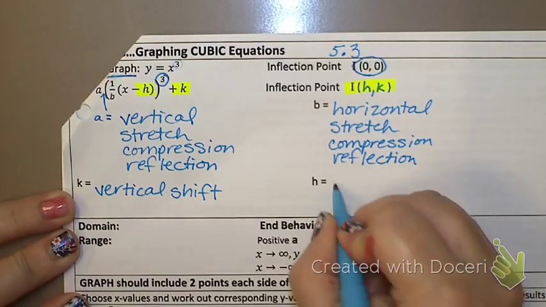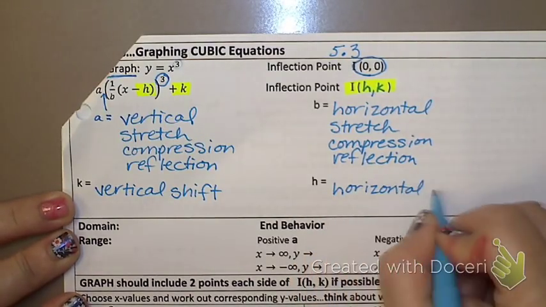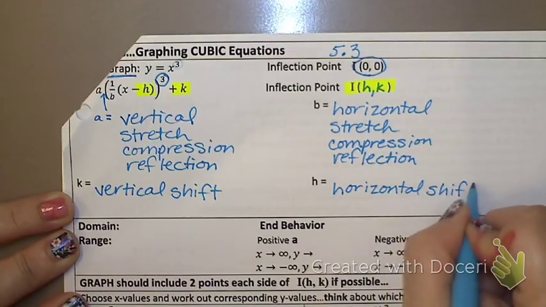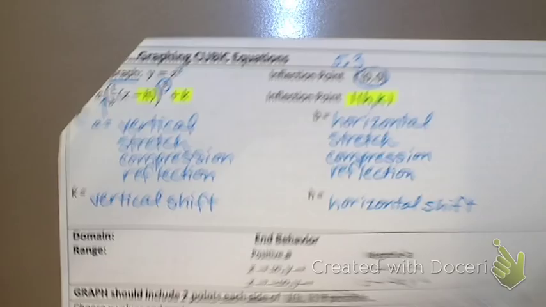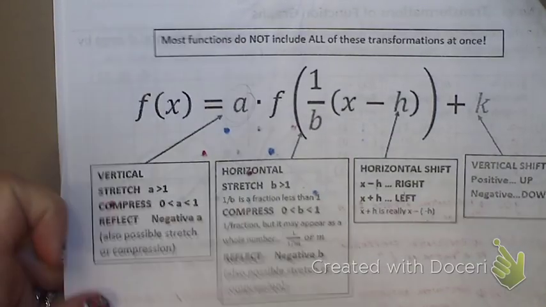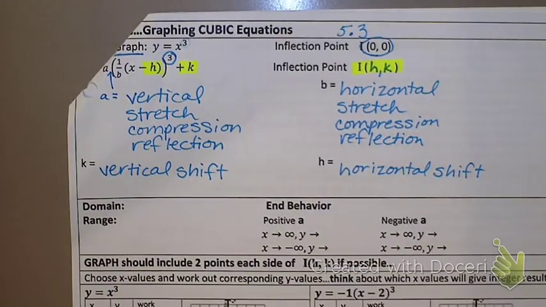And h is a horizontal shift. And it follows all the same rules as it did on that other page of notes. And when I say that other page of notes, I'm referring back to that one right there. Yeah? Okay, let me go back so you can write. Okay, so far so good?